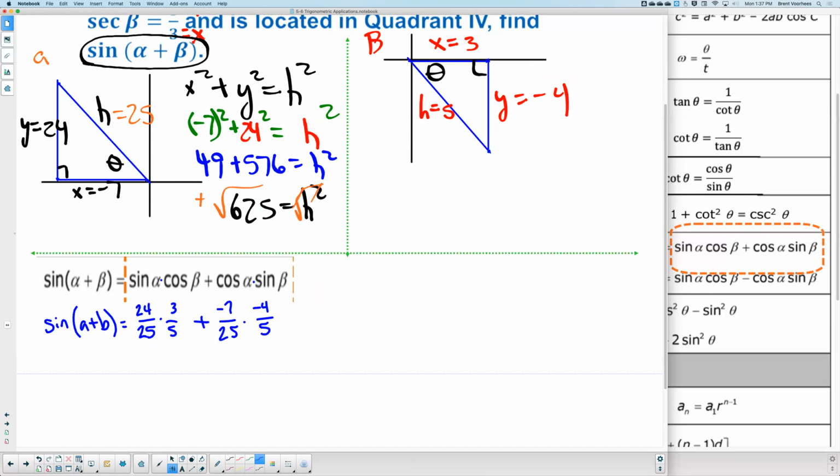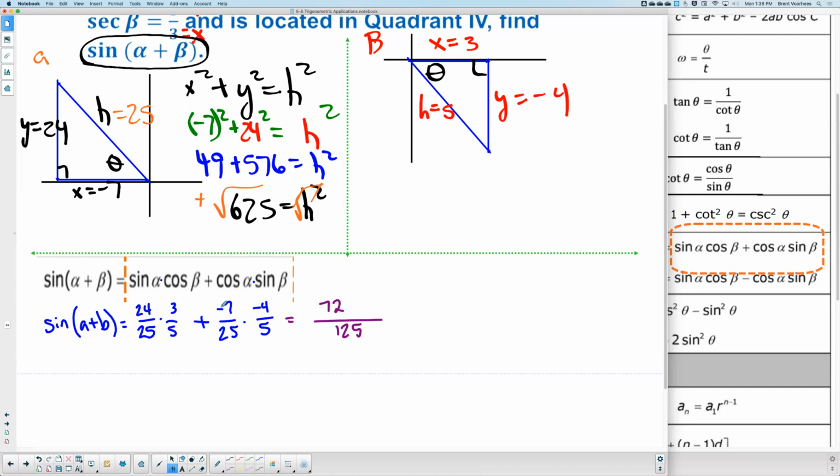There we go. As you go to simplify this, you might notice something about the two denominators. What do you notice about these two denominators? They're the same. So we can combine it into one fraction. Mental math here. Do y'all know what 25 times 5 is? 125. That's going to be our denominator. I have 24 times 3. 24 times 3 would be 72.